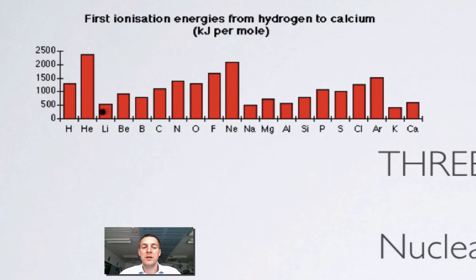So now lithium is in group 1 beneath hydrogen. It's got a lower ionisation energy than hydrogen, so as we're going down the group, it's falling. Now we're going across the second period, and there's this general rise. We don't have to worry about these little blips that you see, okay? Now we move across to sodium. Sodium is in group 1 below lithium, so it's got a lower electronegativity and a lower ionisation energy, and then again across this third period they're gradually rising, and so on and so forth.